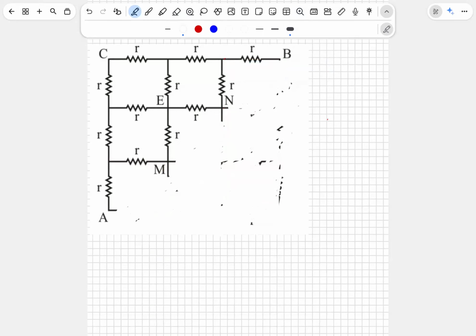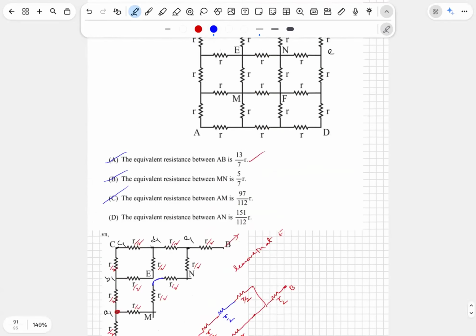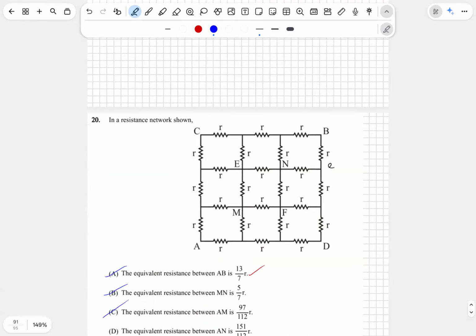What to do instead of drawing again, by God's grace? Now you tell me M and N. Now tell me what is happening. M, N, R by 2, say first. There is one between A to M. There is one between M. This one is projected there, this one is projected here.